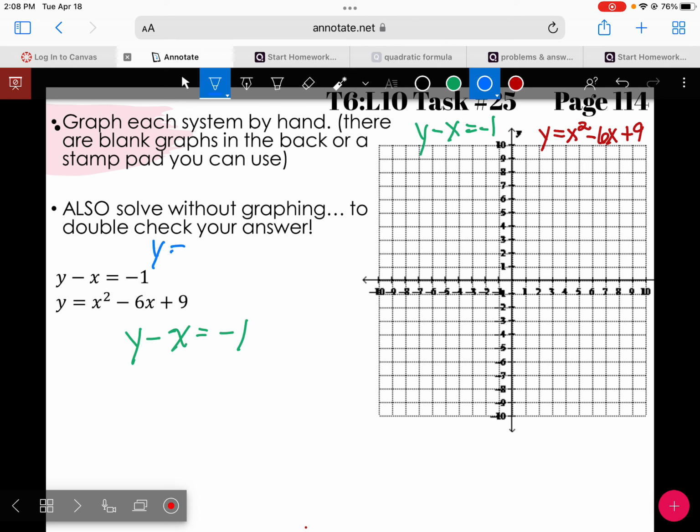Don't you add the x to both sides? Add x to both sides. So the x's will cancel out. I get y equals positive x minus 1. Is that in slope-intercept form?